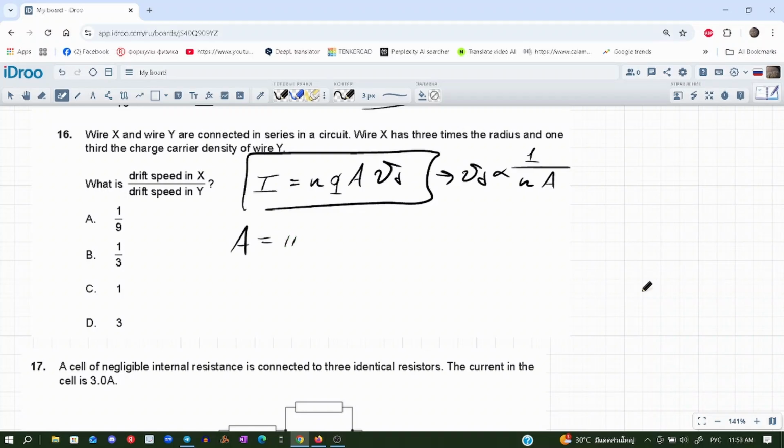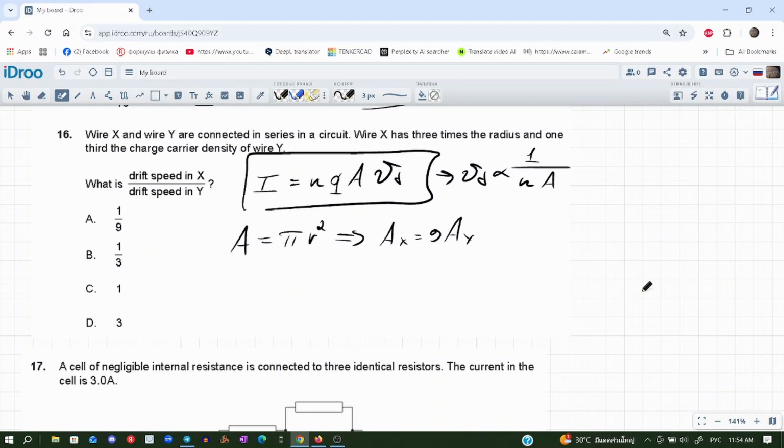So it's pi r squared, which means that the cross-sectional area for X is greater by a factor of 9, 3 squared, a factor of 9. So A_X equals 9 A_Y.